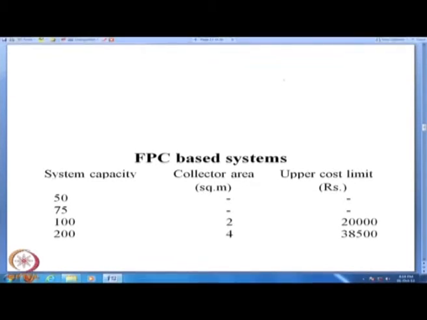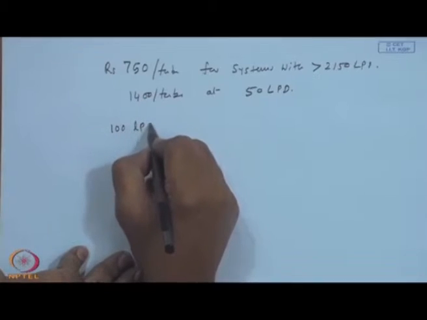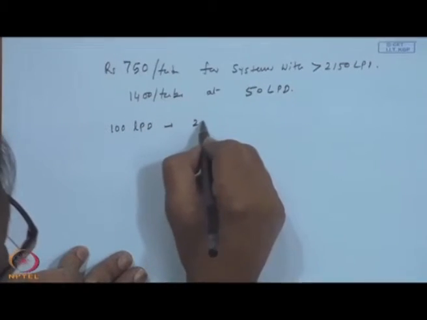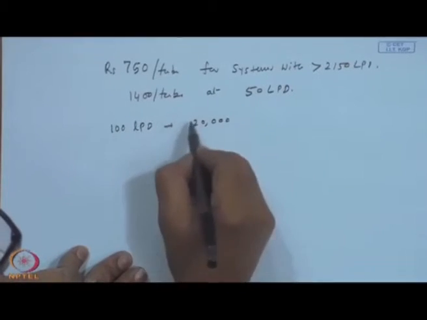Similarly, for a flat plate based system of 100 liters per day capacity, the upper limit specified is 20,000 for 2 square meters.